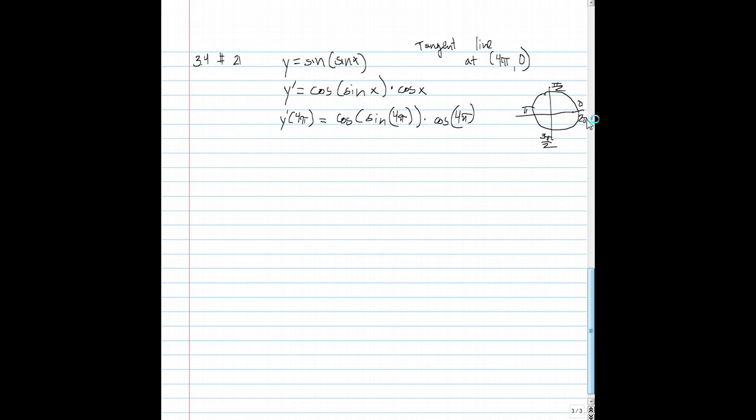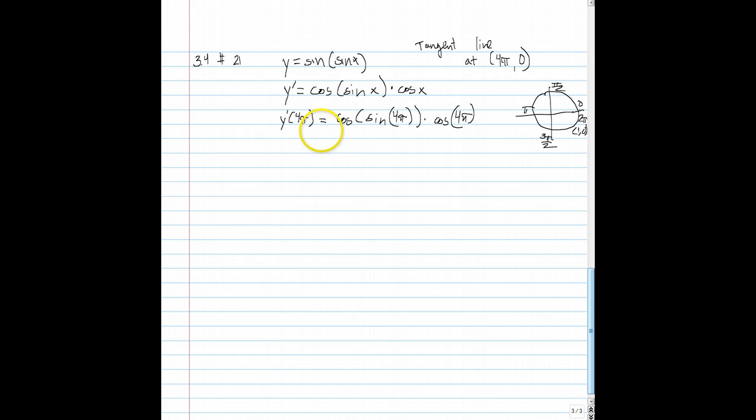If you keep going, second full revolution, 4 pi would be here. And at this 0, 2 pi, or 4 pi, the x coordinate is 1 and the y coordinate is 0. So the cosine would be 1 and the sine would be 0.